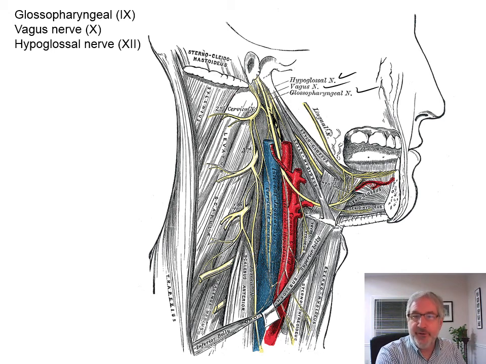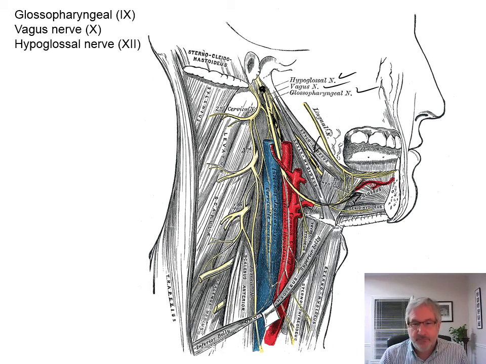The hypoglossal nerve is this one here, and it heads down, then it branches, and you see it going over here towards the tongue. And then we have the glossopharyngeal down here, heading down and going in the back.